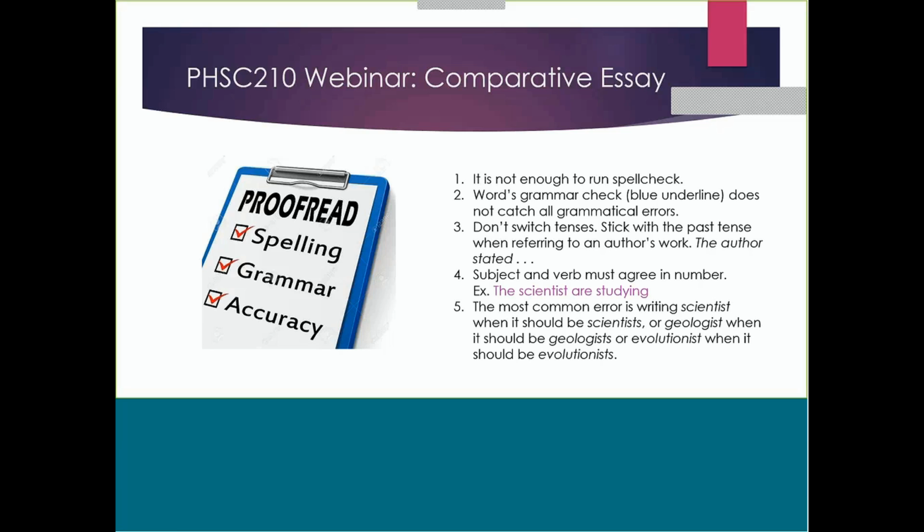They're written in the singular form. So scientist should be scientists when you mean more than one. Geologist should be geologists if you're referring to more than one, and same thing with evolutionist. So proofreading is an important part of producing a good paper.